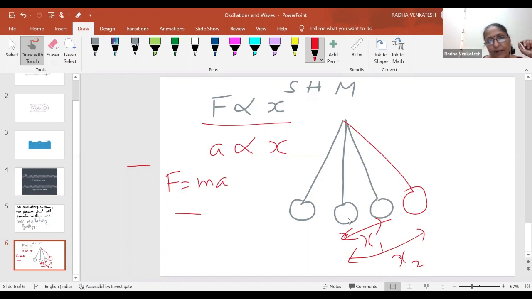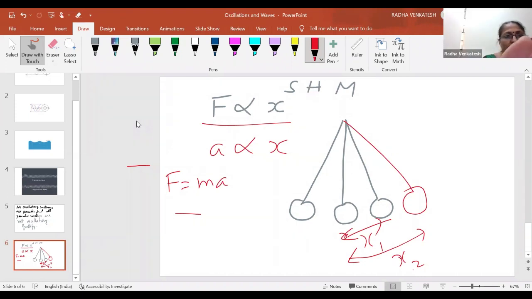So the important point for simple harmonic motion is that this restoring force is proportional to x, but then minus x.